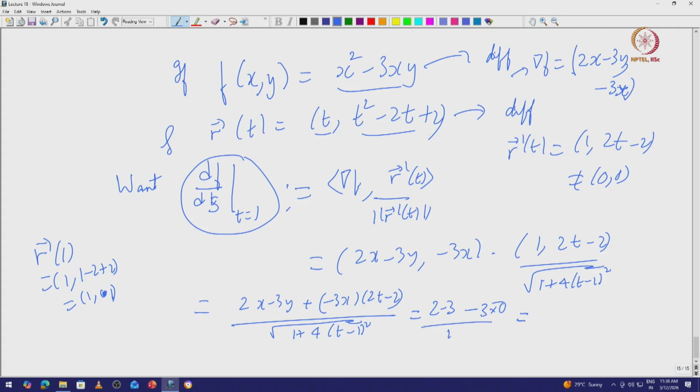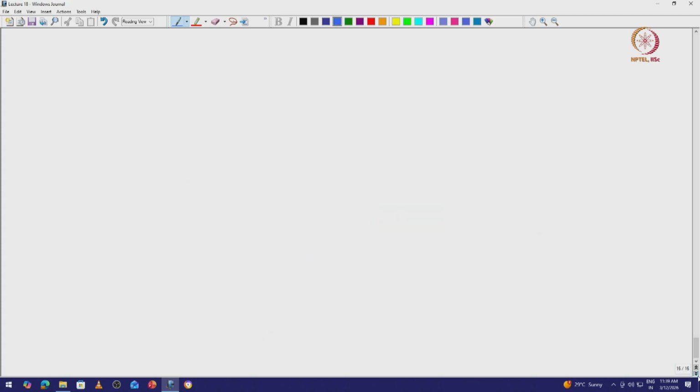So it's simply equal to minus 1. So this is a rather straightforward calculation.